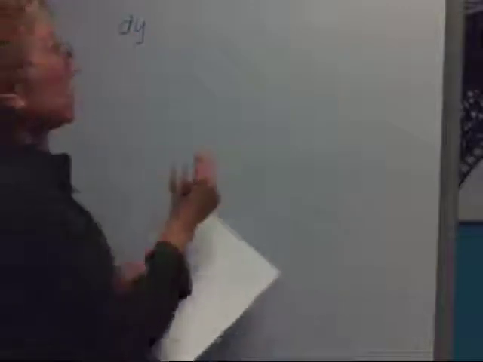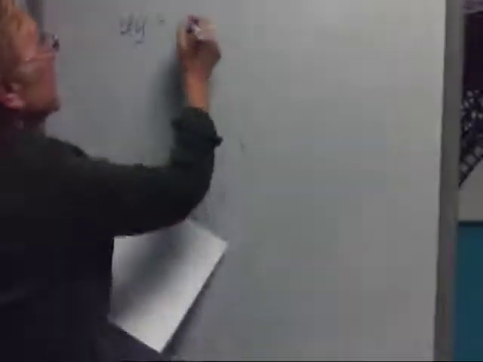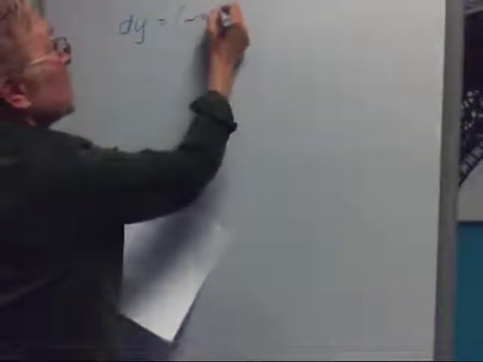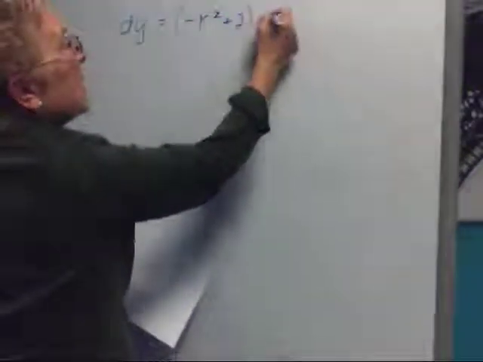First, multiply both sides by the dr on the bottom, or dx, or whatever. And dy is in the numerator, and we want to get it on the left side of the equation, and all the right side will have will be r's. So quantity minus r squared plus 2 times dr.